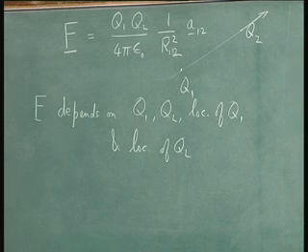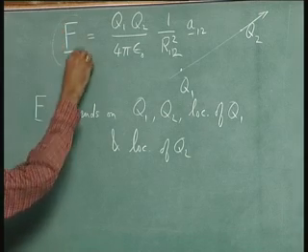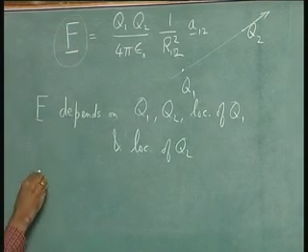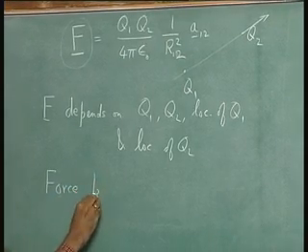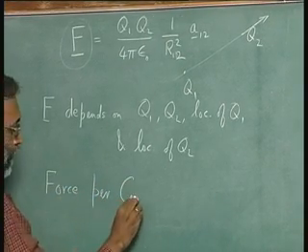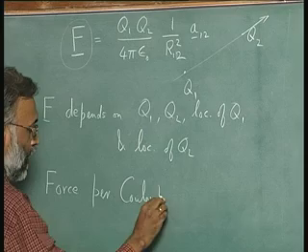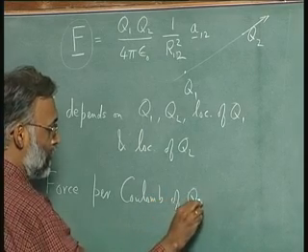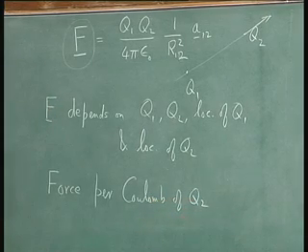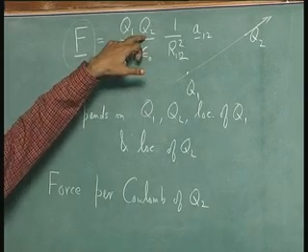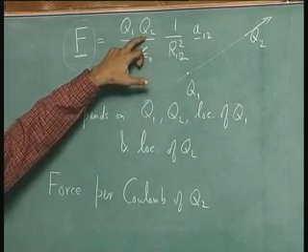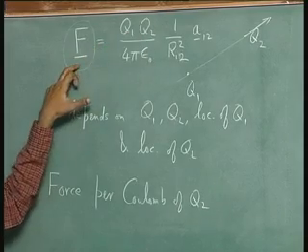Now, it has been found to be very useful if instead of talking about force, we talk about force per Coulomb. You can see that the force is proportional to Q2. So, if we replaced Q2 by twice Q2, the force will be twice.